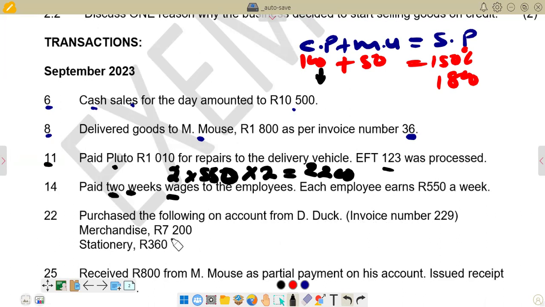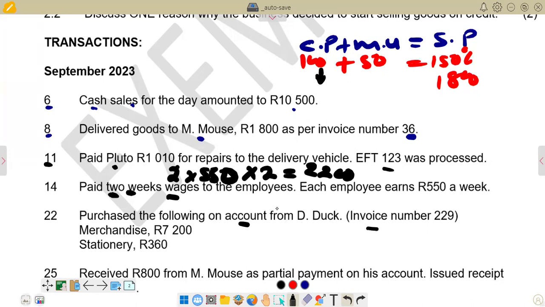We've got stationery, which is 360. So this is being purchased on credit. Remember, it's on credit. The following on account represents that it's on credit. So it means this was a purchase on credit.